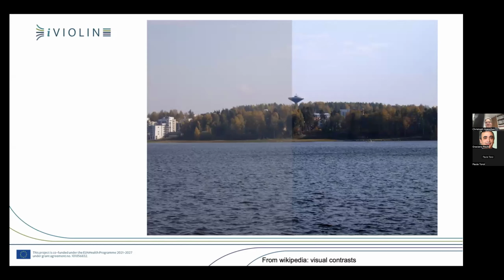And just to show you an image by the time now, this is an image that I just took from Wikipedia showing the visible contrast. So you see on your right-hand side that the image looks much better. It has a higher contrast that we can visualize.